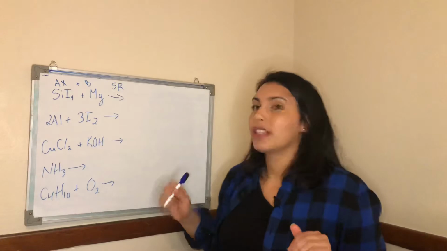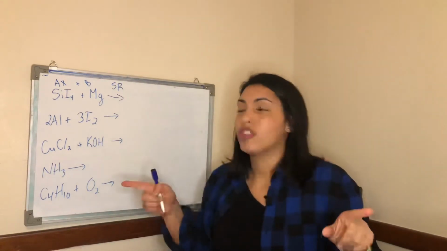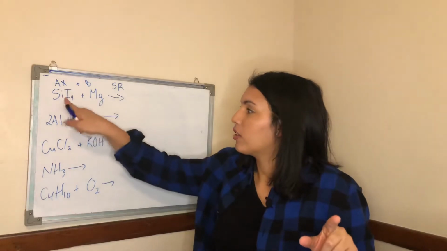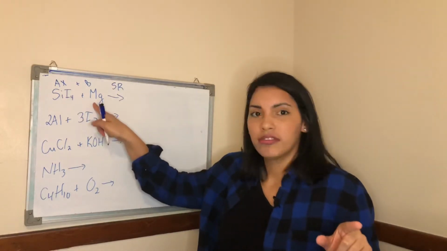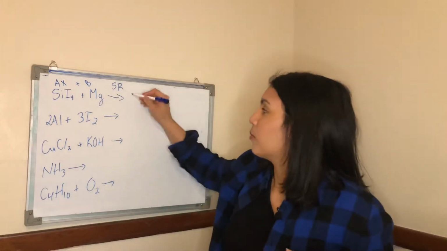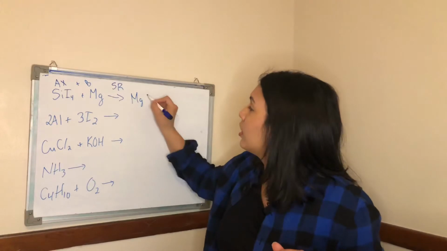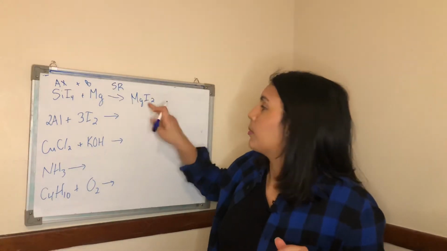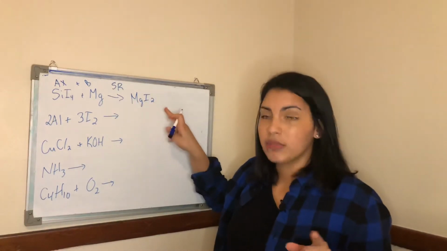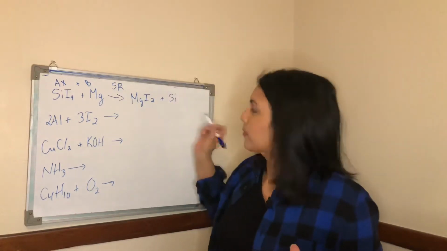If it's single replacement, what happens, right? Similar elements will replace each other. So I have a metal and a non-metal, and I have a metal. So the metal will replace the other metal. So I end up with Mg I2, remember we get that by the crisscross method, plus Si, okay?